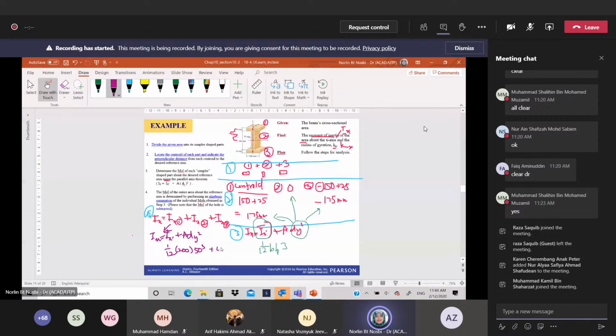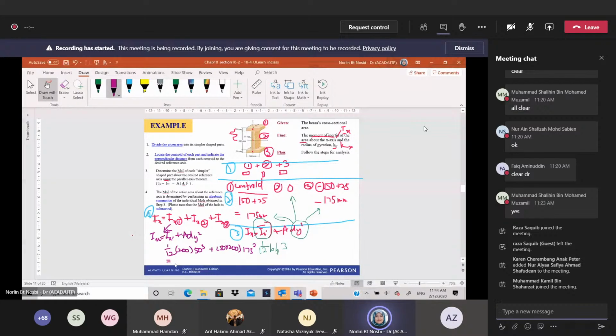And then how about the dy? Dy is the length from the centroid. So from 0 until that point is 175. So 175, don't forget the square. Now you get the answer.